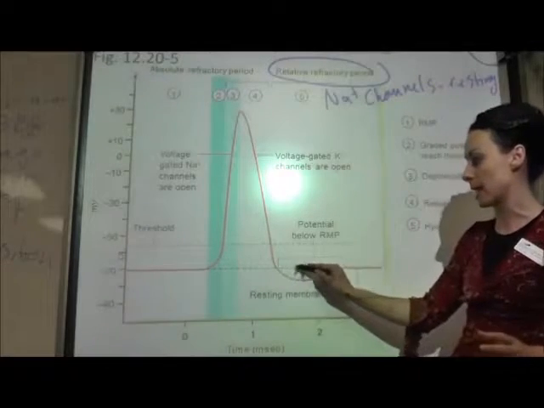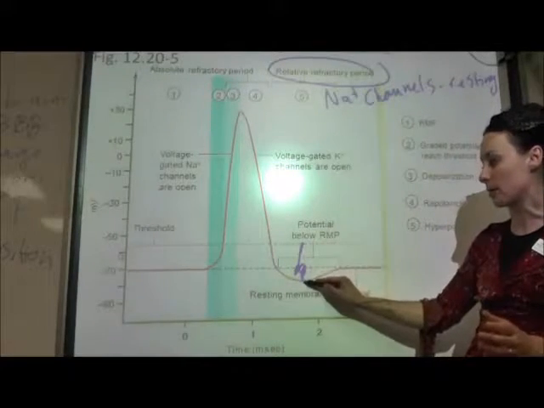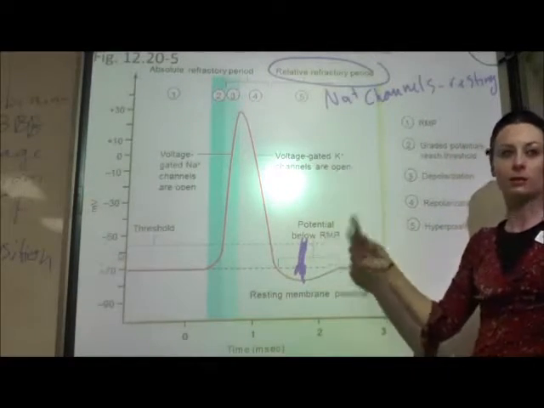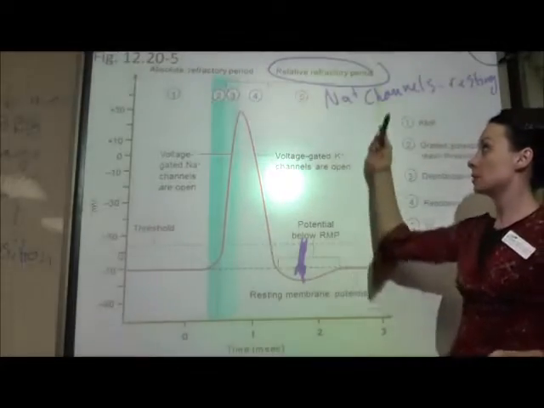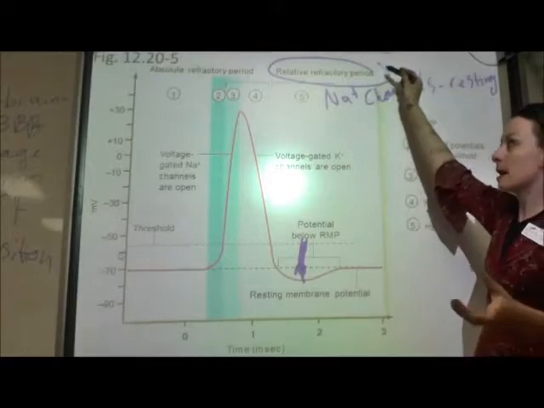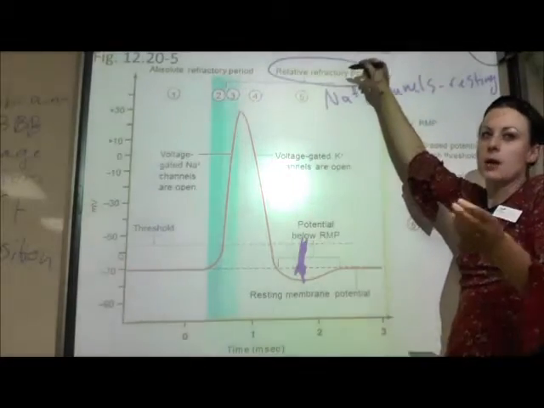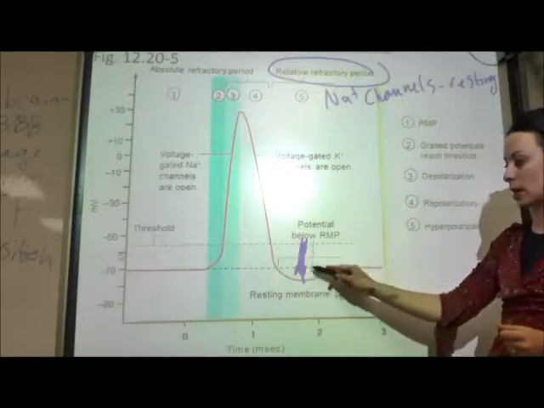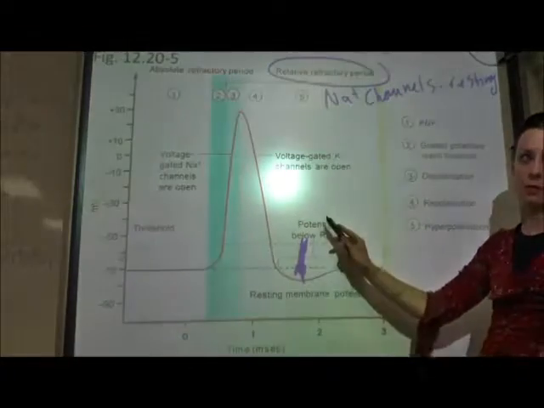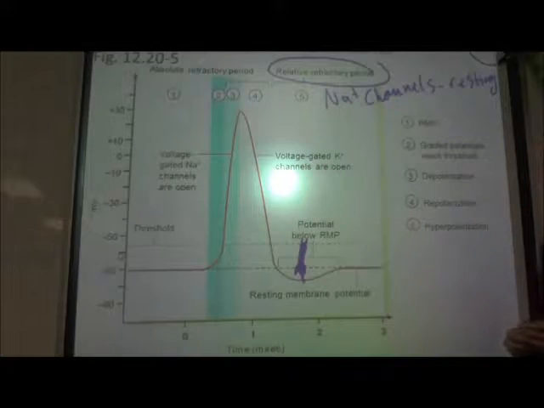You don't just have to go from negative 70 to negative 55. You've got to go from negative 80 to negative 55. So it's harder to get another action potential to go, but you can. So it's a relative refractory period because in theory you should be refractory, but if you really want to hit it with a lot of extra stimulation, you can get it to go. It's just got to overcome that extra 10 millivolts because of that hyperpolarization.